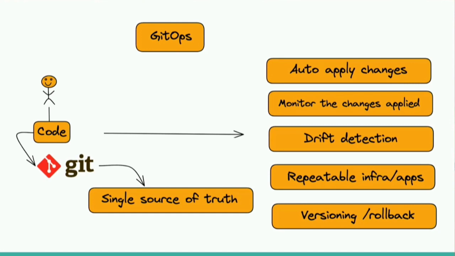If your application breaks in between, what will happen? Obviously, the developer wants to roll back, so there is the concept of versioning in GitOps. So all in all, this was the GitOps ideology, and what technologies and tooling GitOps involves.